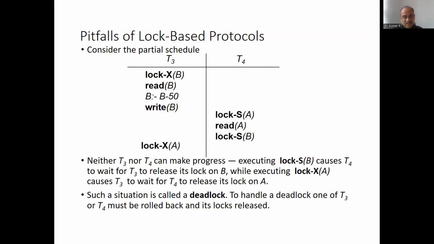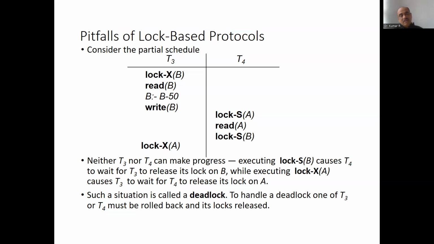Consider this example given here. We have a transaction schedule T3 and T4. Sometimes neither T3 nor T4 can progress because of locking. T4 waits for T3 and also T3 waits for T4. A is locked by T4 and it waits for T3.